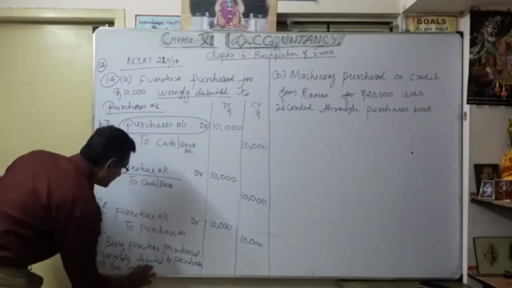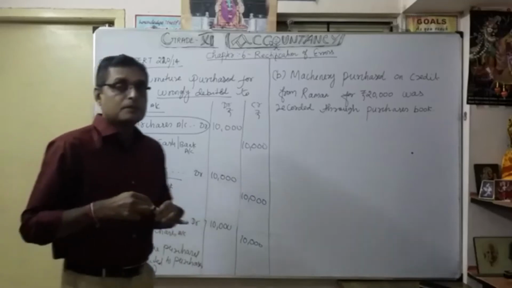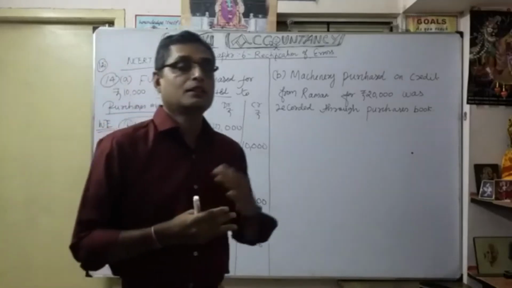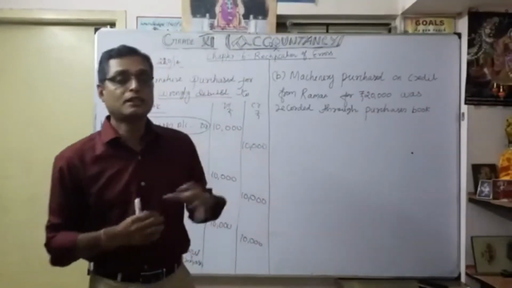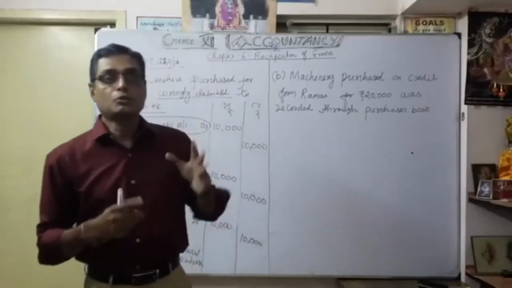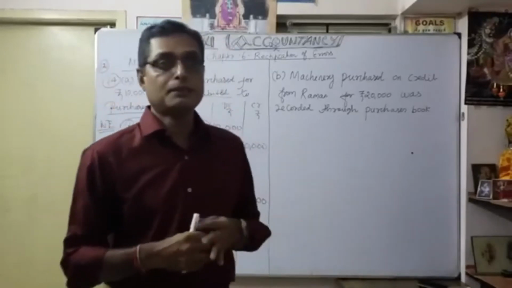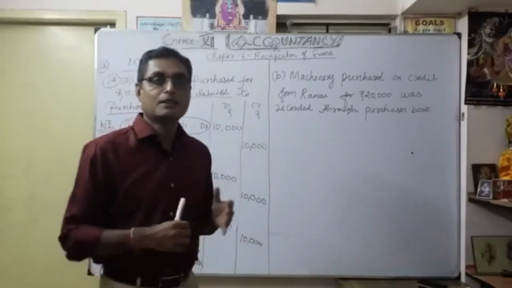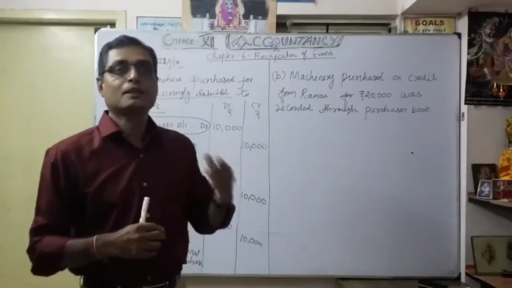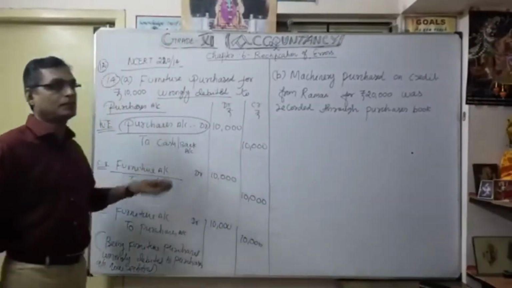This type of error comes under error of principle. It's very important, so try to understand carefully how to classify capital expenditure and revenue expenditure, similarly capital receipt and revenue receipt. It's a very important exercise.